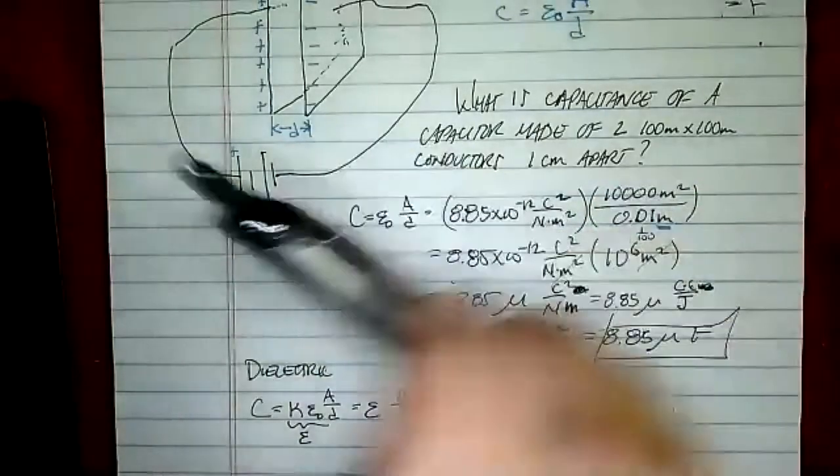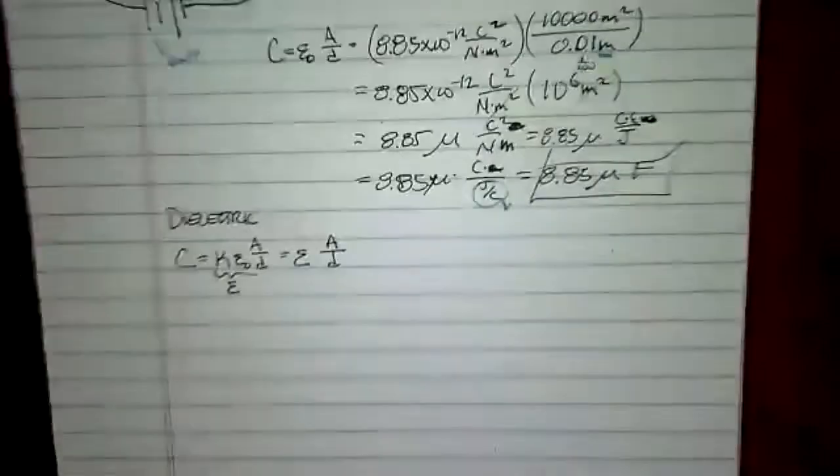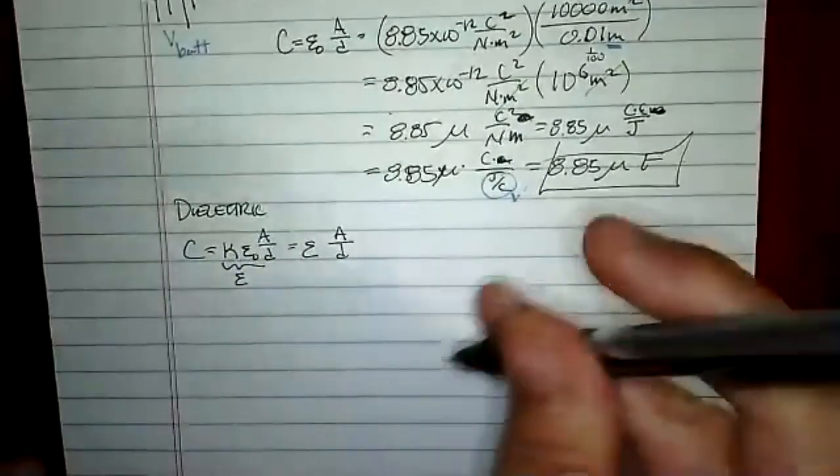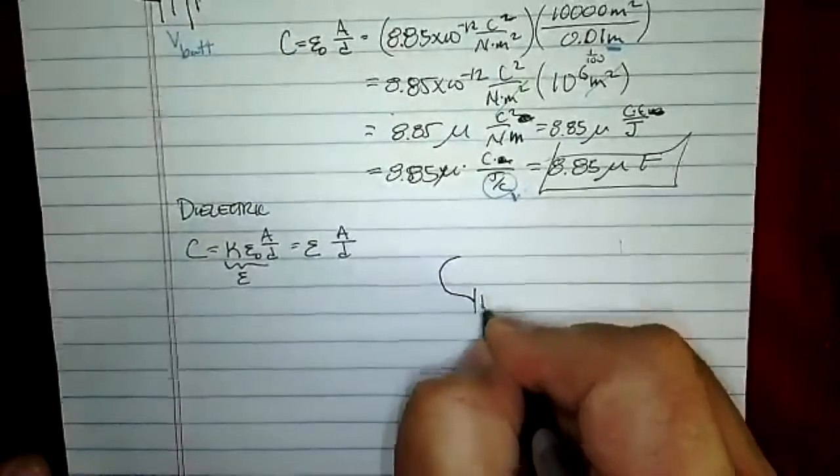The big thing is, though, you need to sort of understand some concepts with dielectrics. The problem solving with them is just as simple as all the other ones we've done, so you don't really need to rework problems like epsilon A over D. You can see a ton of examples in a ton of different books. But one thing you need to be able to consider is, what if I have a charged capacitor connected to a battery?